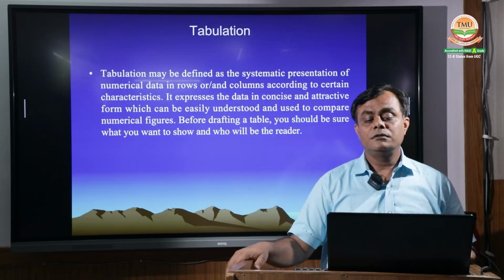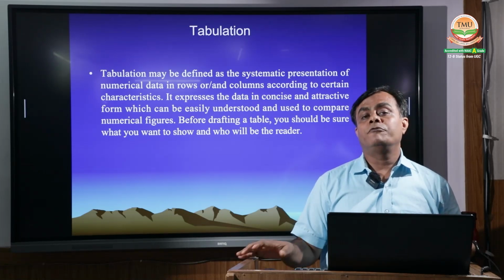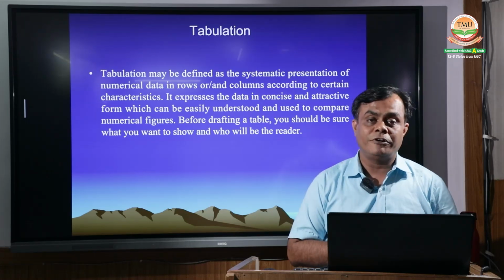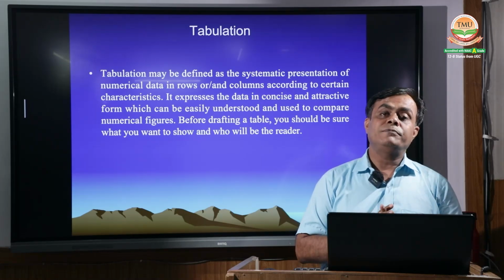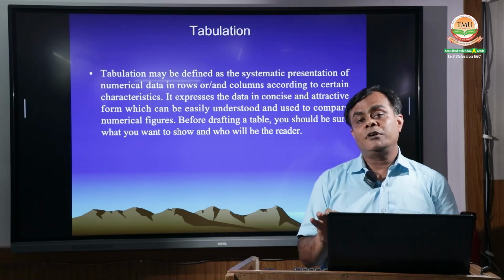Next is tabulation. Tabulation simply means when you are getting information and putting that information into a table format. So the meaning of tabulation is putting the information in a tabular format.